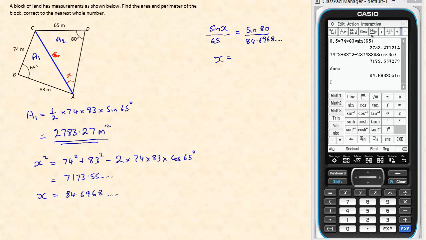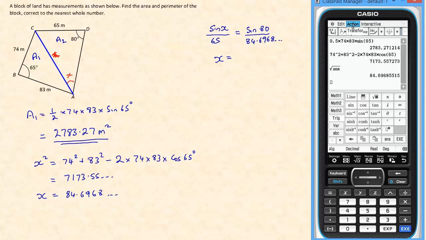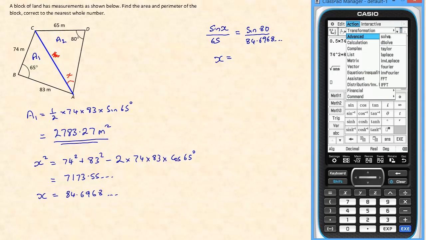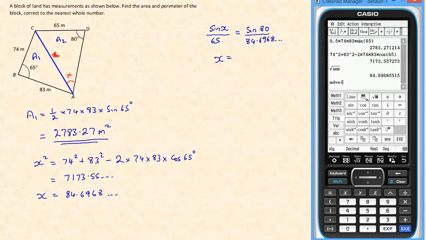So let's do it by solving. So we've got sine x over 65 is equal to sine 80 over, and we can just drag this in to there. I probably should have used a different letter here to what I used there because it's confusing with the x's, but let's not worry about that at the moment.